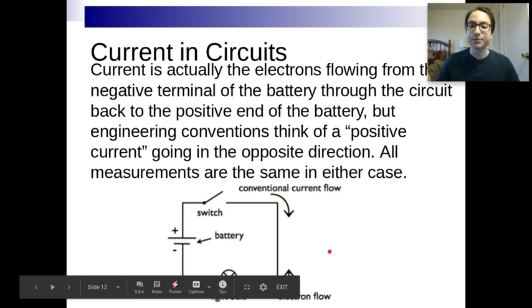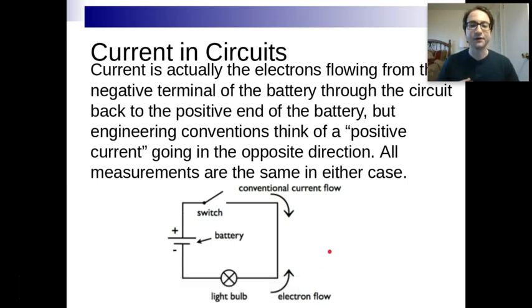But in reality, we know that electrons are the particles that move, not the positive protons, but the negative electrons. And so they will wrap around the circuit opposite the way our positive current would go, which actually doesn't exist. But again, it's all the same no matter what. So you pick a direction once we get into circuit study and stick with it, nothing will change.